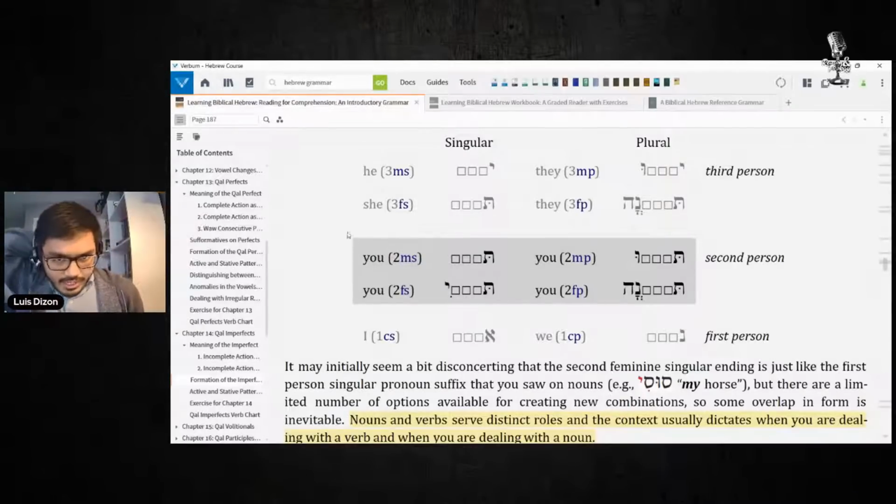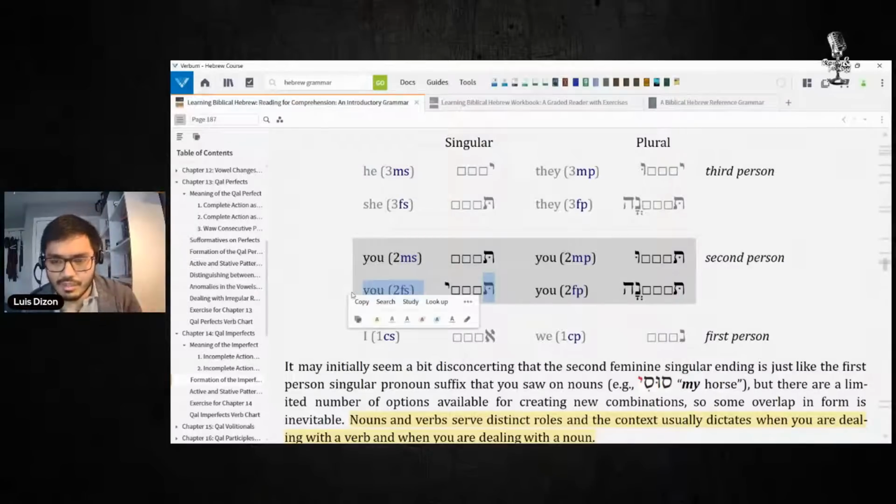And you'll have to look at the context to tell which one it is. Fortunately, the feminine singular form is unique, tishmori. So if you find that it has that suffix and then it has the hirek yod at the end, you know it's the feminine you.